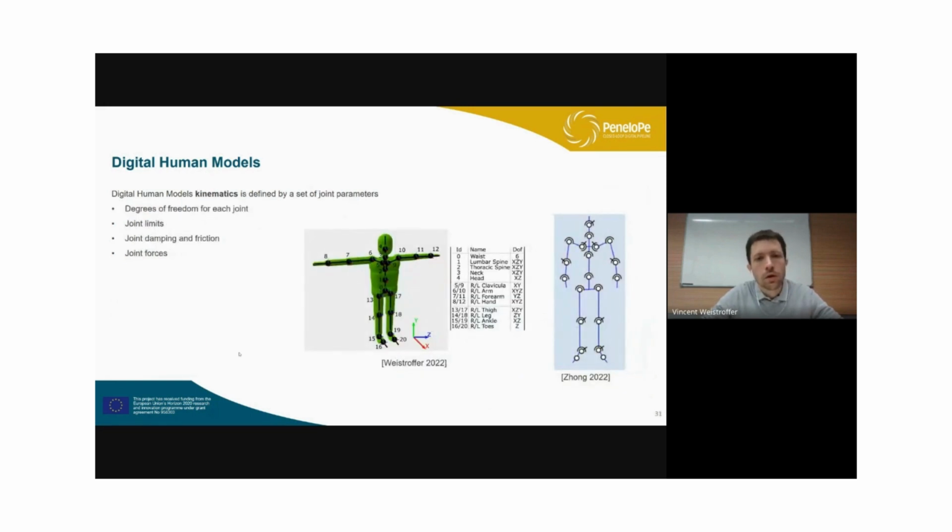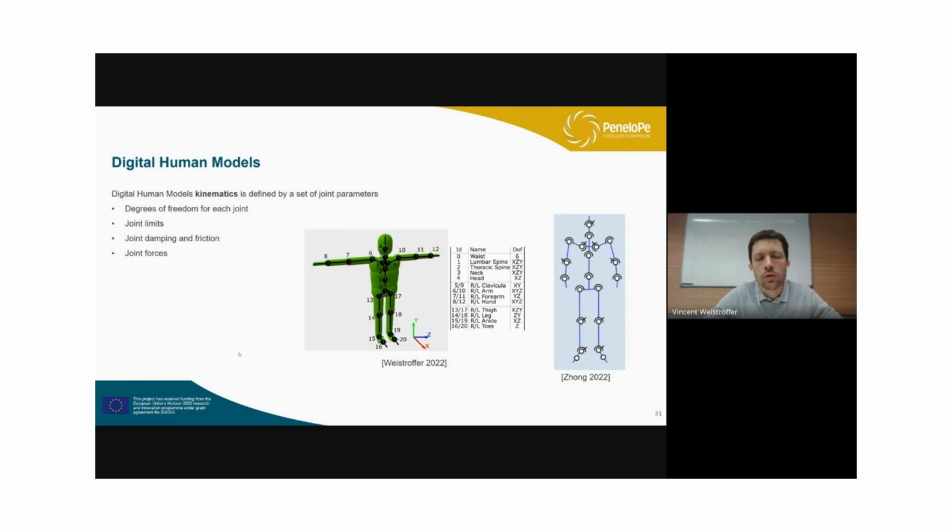When you have defined your anthropometry, then you need to define the digital human model kinematics. And the kinematics is described by a set of joint parameters. These joint parameters can be the degrees of freedom for each joint. So these degrees of freedom describe in which axis the bone is rotating.